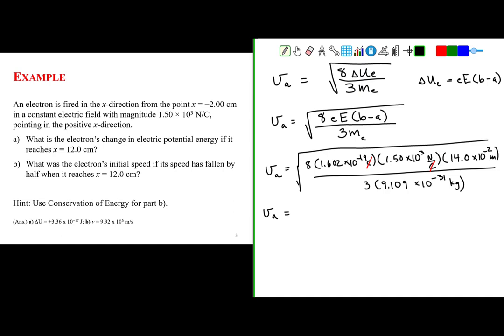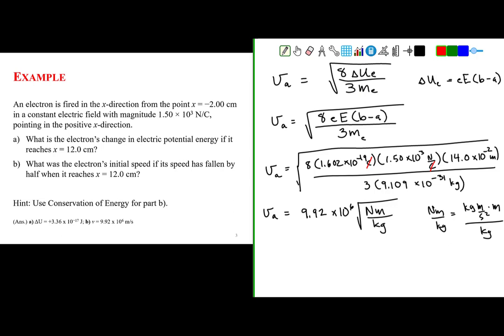When I plug this into my calculator, I get 9.92 times 10 to the 6th. But I have to figure out the units underneath my square root because I'm left with a Newton meter per kilogram. I know a Newton is equal to a kilogram meter per second squared. So I have a kilogram meter per second squared times a meter, divided by a kilogram.